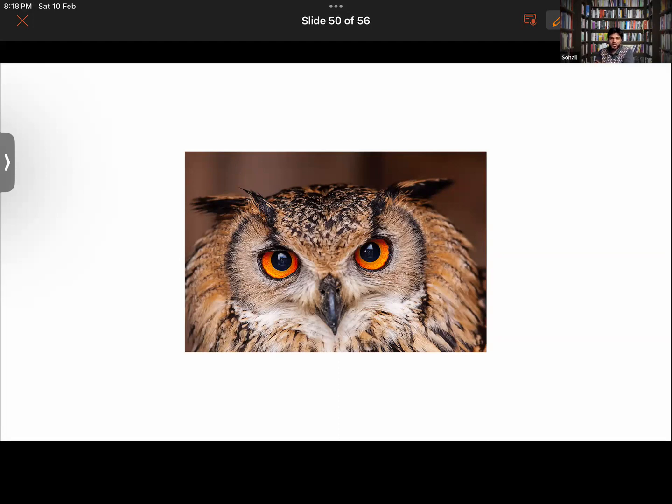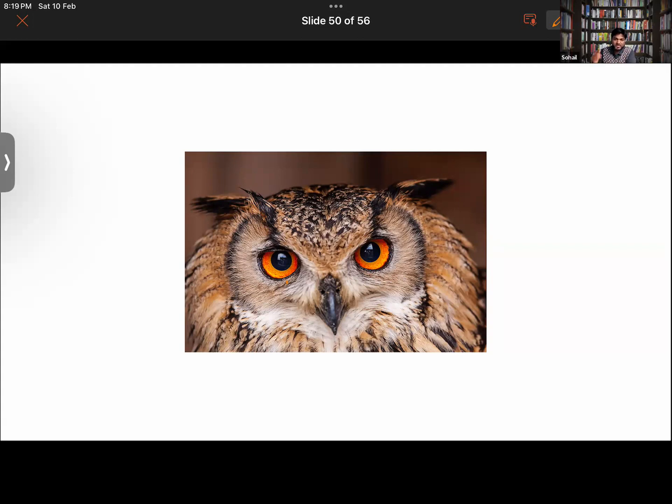Look at the owl here. If you were to look at the night bird, that is this owl here, you see that it can see very well in the dim light, but not during the day. So why is it so? First thing is that they have got a very large cornea, and they will be having a very large pupil.